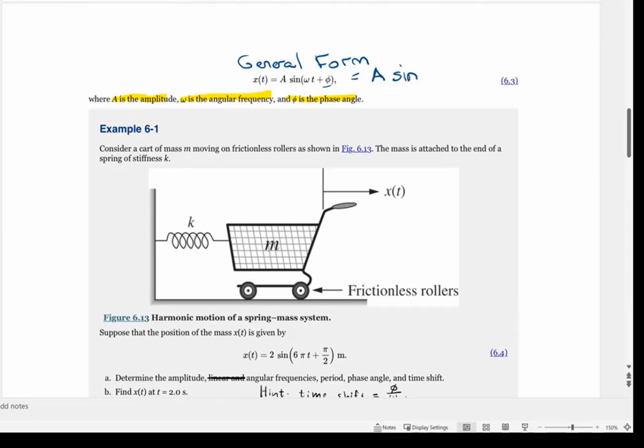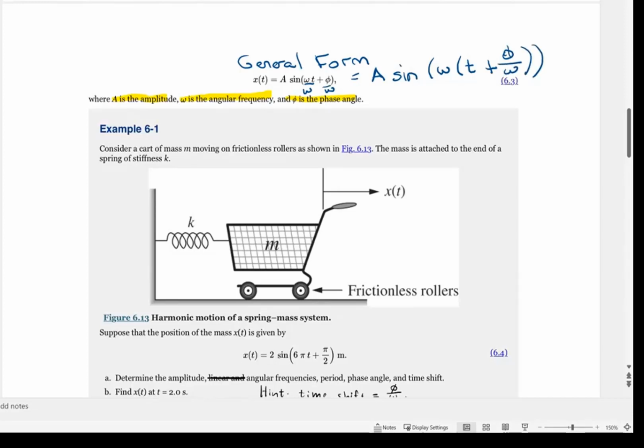So we would have sine of, and I'm going to factor out omega. That becomes t. When I factor omega out, I divide both of these things by omega. So this would be t plus theta over omega.